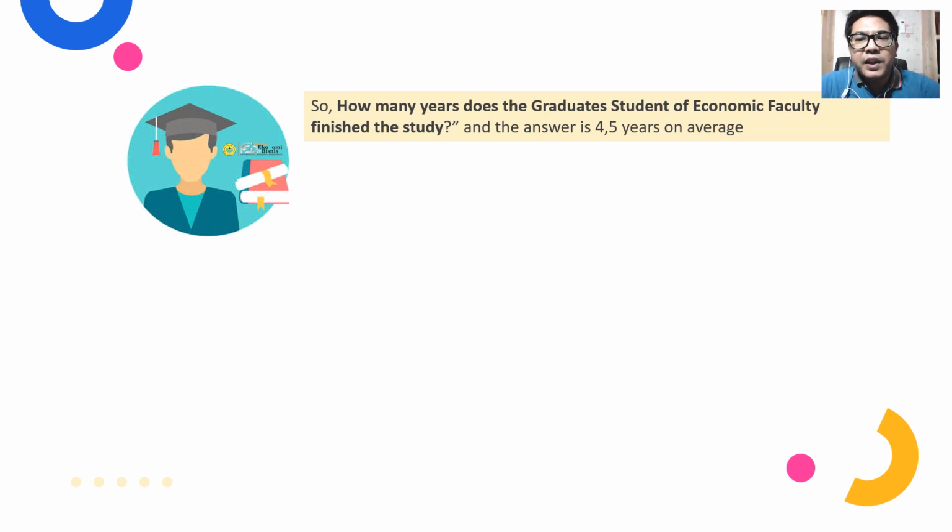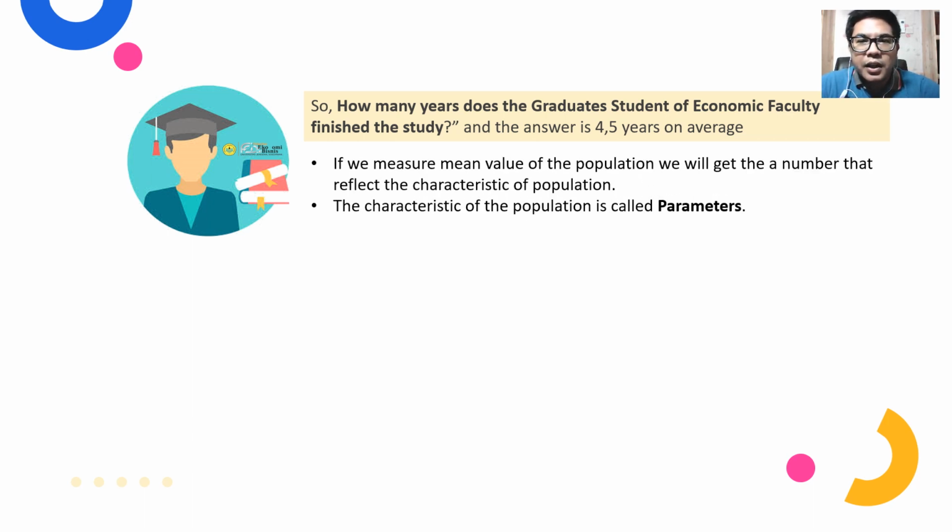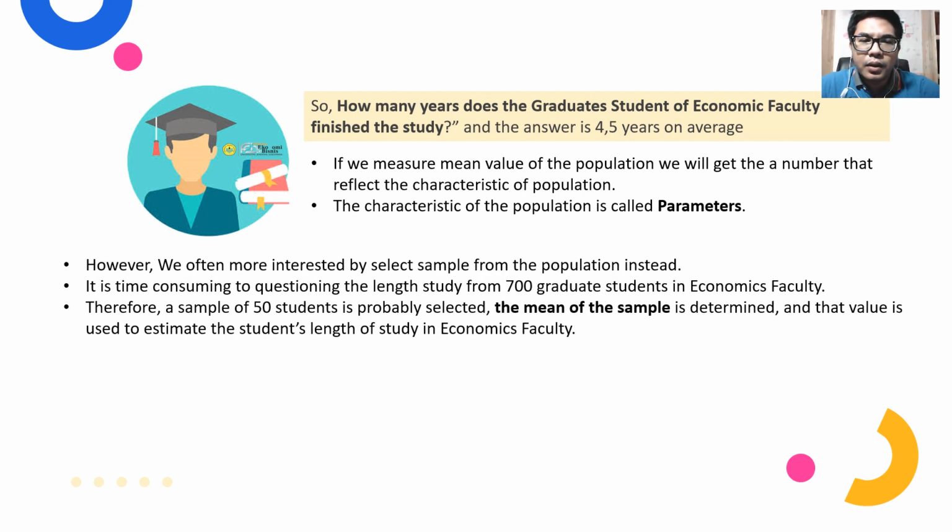The value that represents the population characteristic is called a parameter. So keep in mind that a parameter is the characteristic of a population. However, we are often more interested in selecting a sample instead of asking the students one by one how long they took to finish their study.